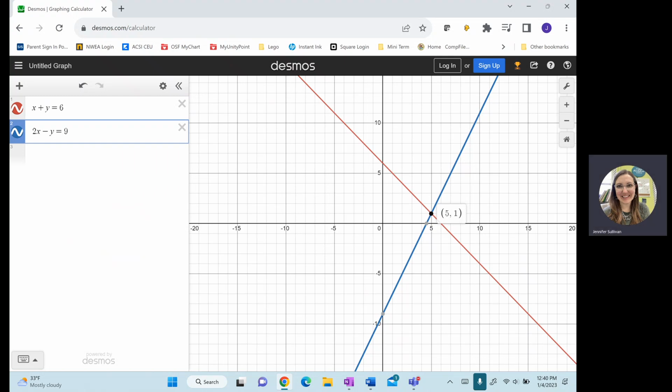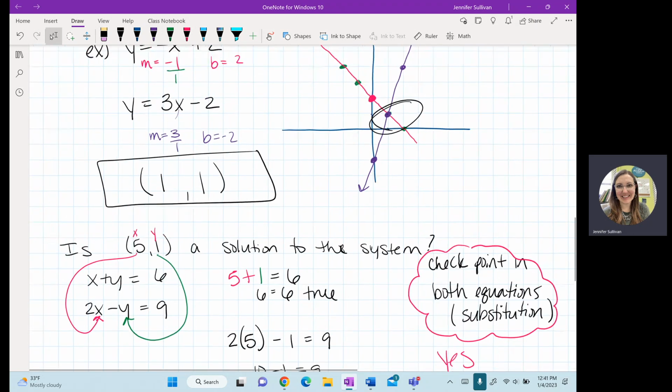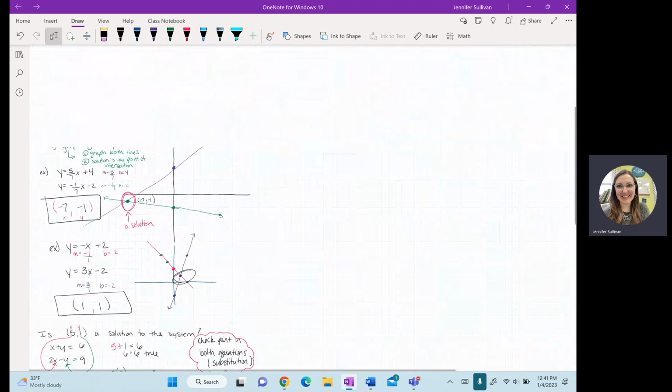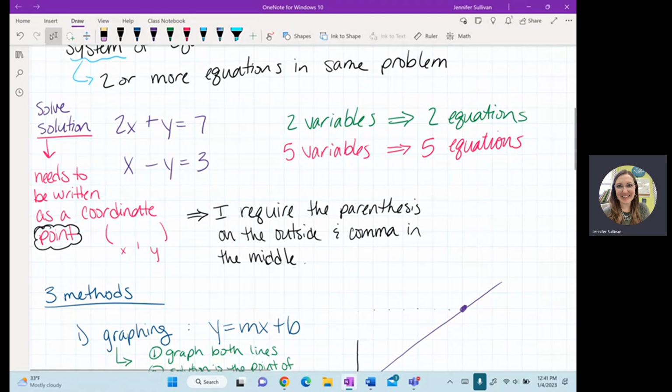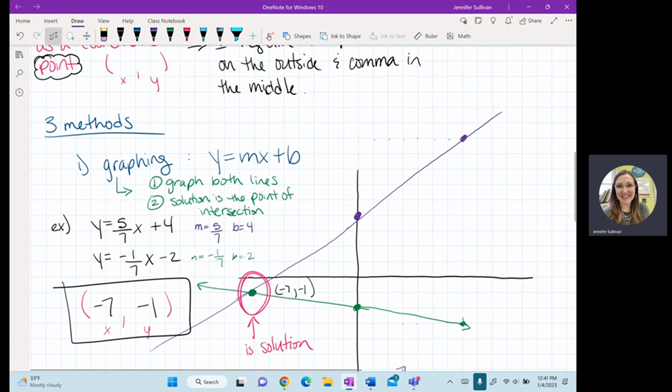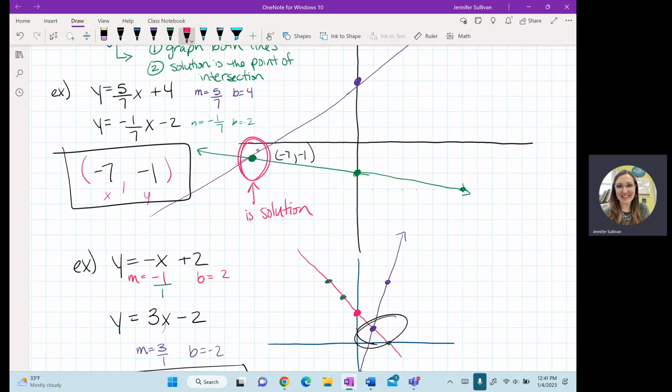All right, that is it for us for today. That is the whole video. So just as a quick, again, little wrap up, we're talking about systems, and systems are simply more than one equation. Our solution is a point written as x comma y. And if I'm asking you to find the solution by graphing, you graph both lines and tell me the point where they cross.